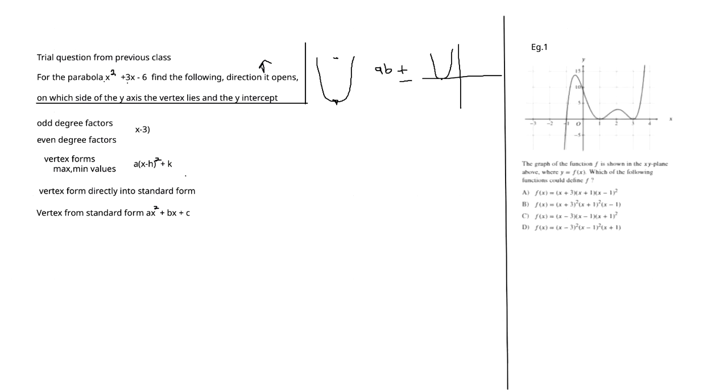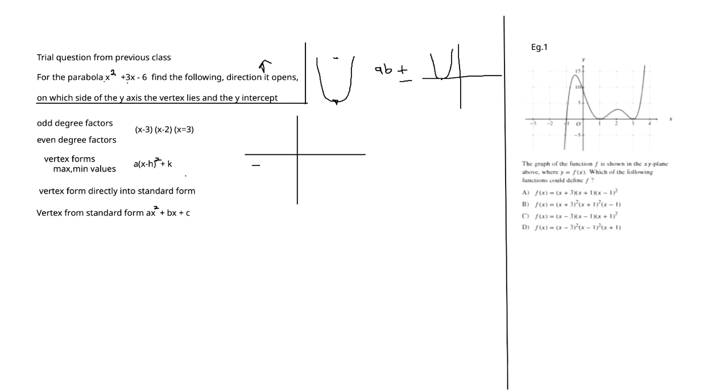So let's say this is our Cartesian plane here. So you have -3 here.